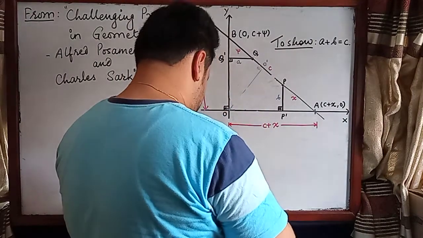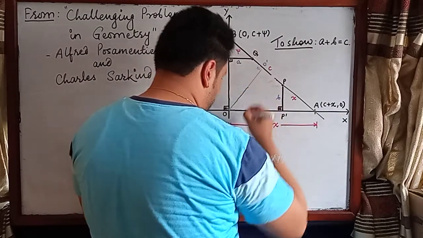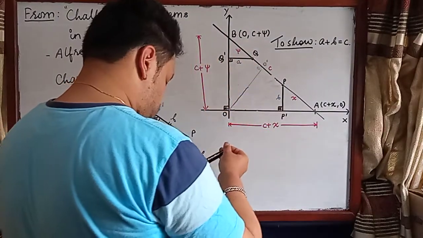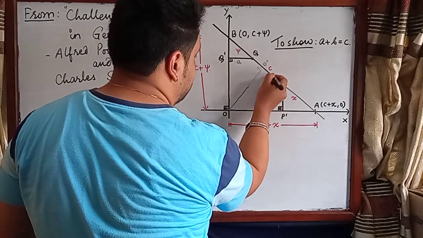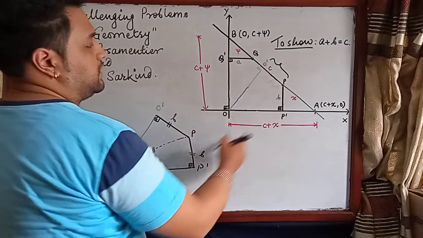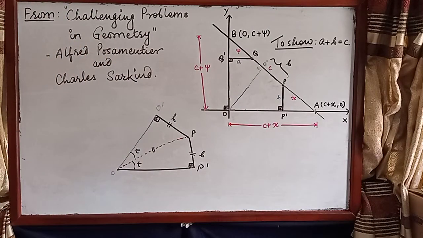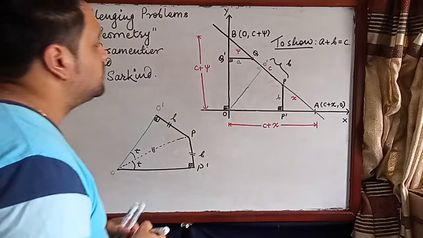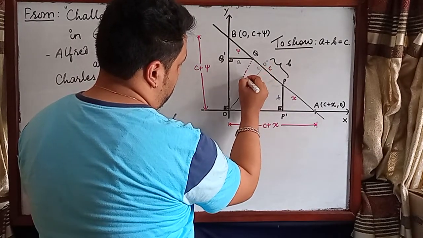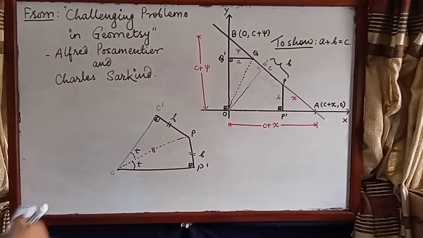So what we have is that this length O dash P is equal to PP dash, which is B. Now let's join O and Q.